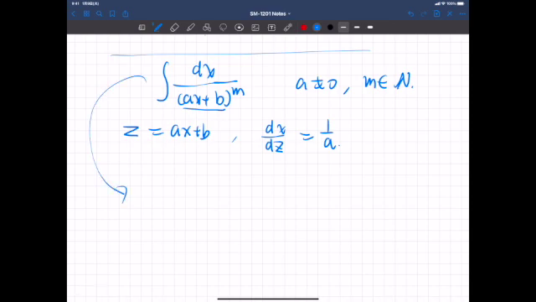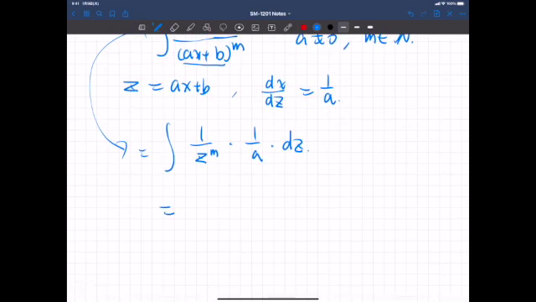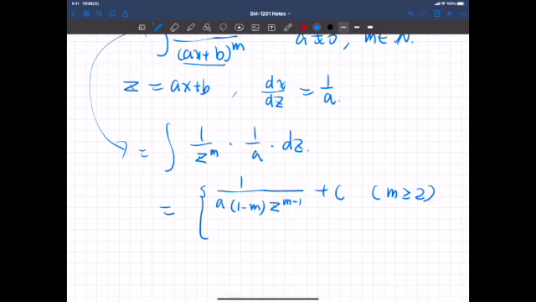So this integral becomes the integral of 1 over z to the power of m times 1 over a dz, right? So this should be equal to 1 over a times 1 over 1 minus m times z to the power of 1 minus m plus c, if m is greater than or equal to 2. Otherwise, it should be 1 over a times log z plus c when m is equal to 1.